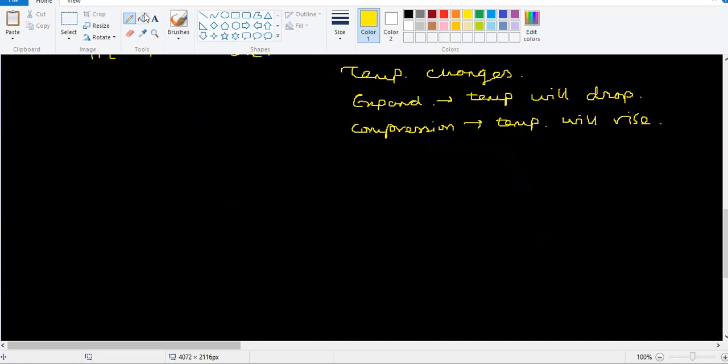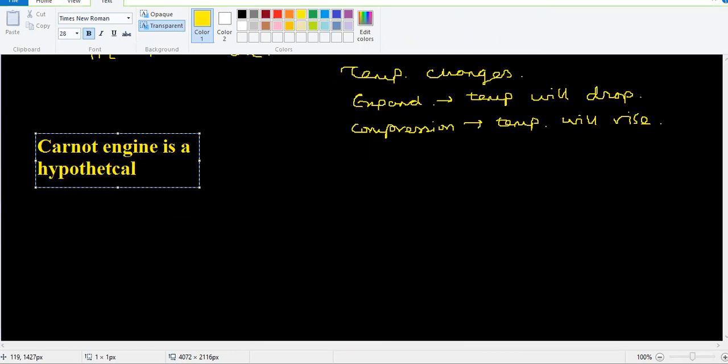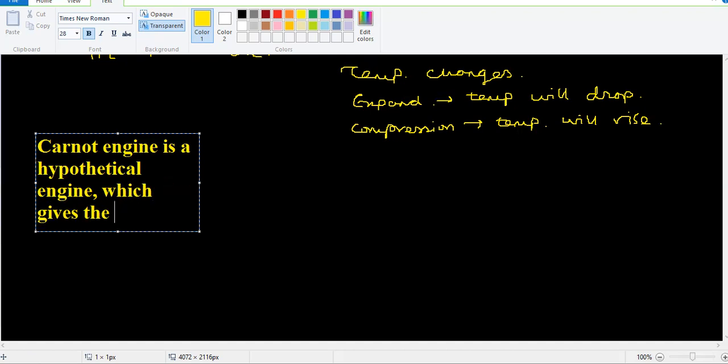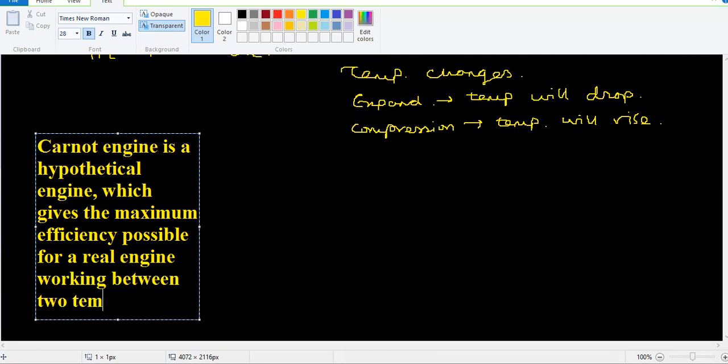So take it down: which gives the maximum efficiency possible for a real engine working between two temperatures.